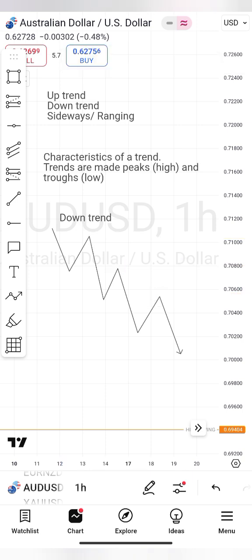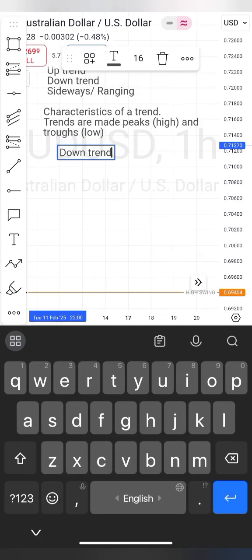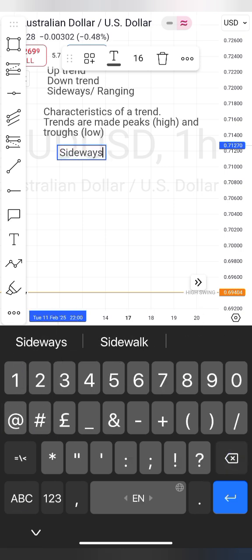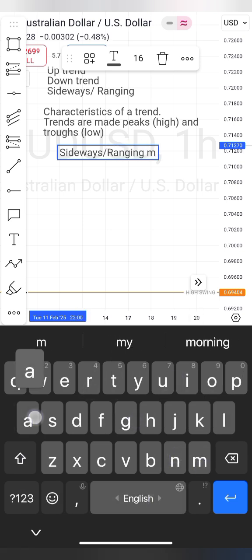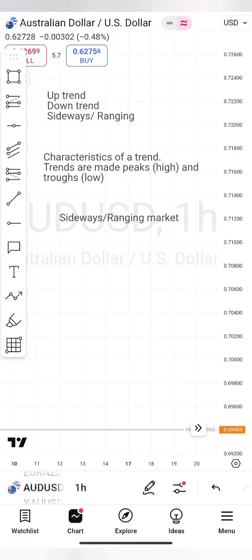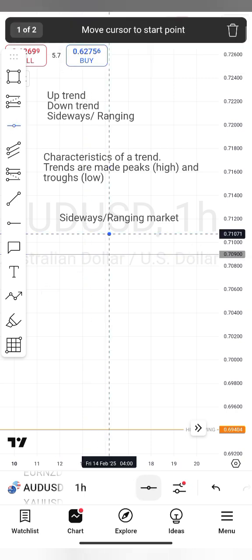So what happens in a sideways or ranging market? In a sideways or ranging market, it has a range.